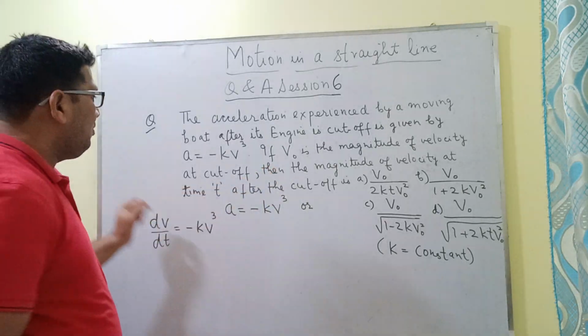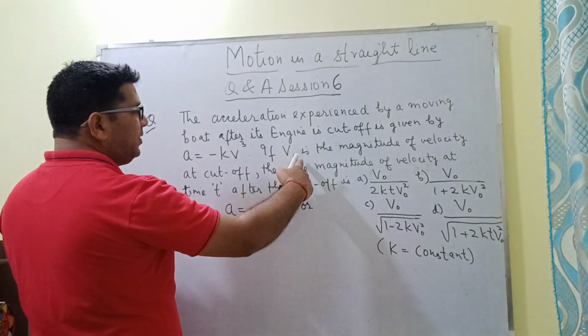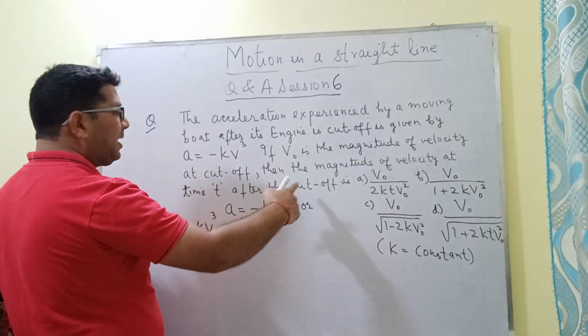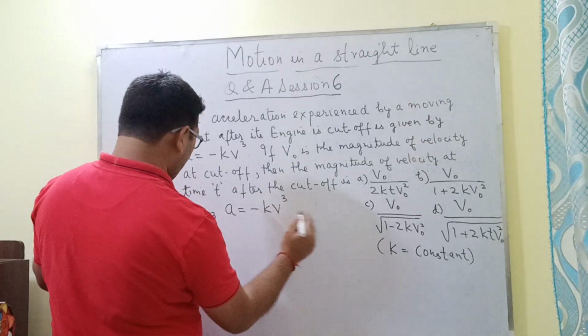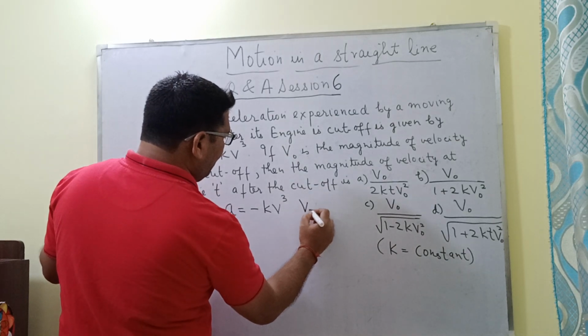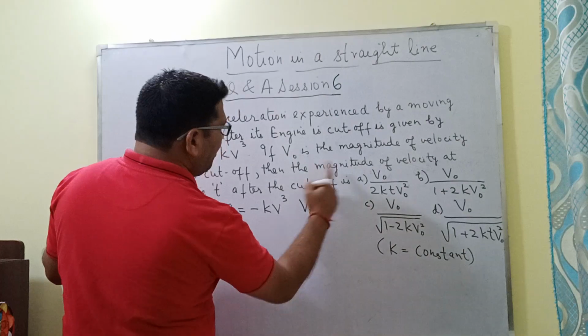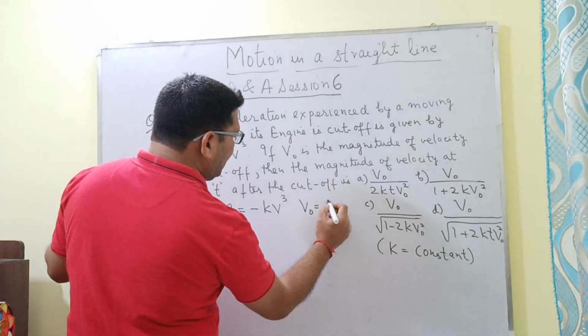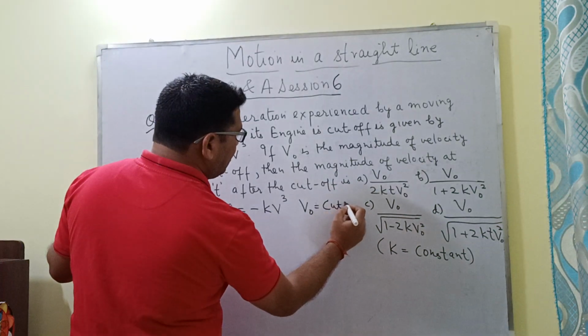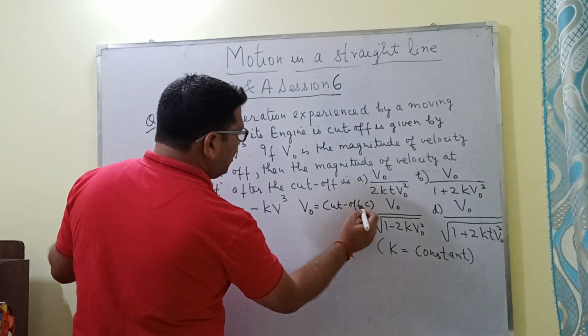Now it is given that v naught is the magnitude of velocity at cutoff, or we can say it is the cutoff velocity.